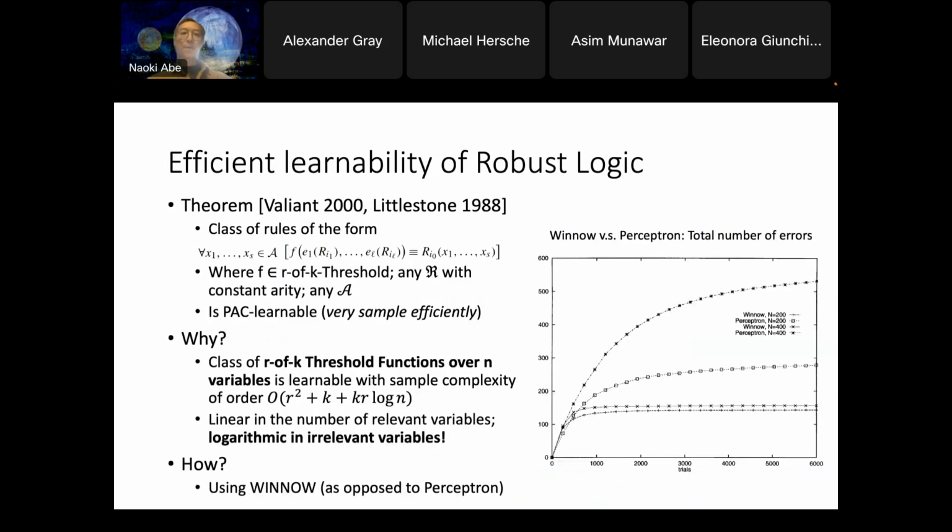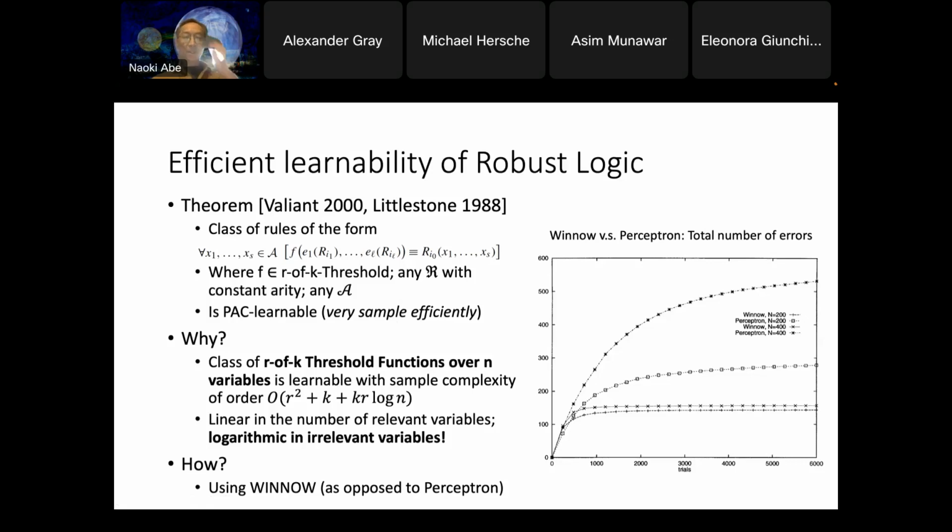So a very notable property of this version of robust logic that Leslie presented is the efficient learnability. Not only is this class of robust logic restricted to threshold gates PAC learnable, it's actually learnable very sample efficiently.